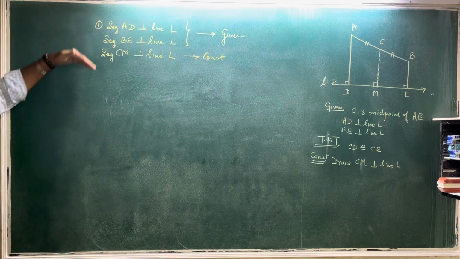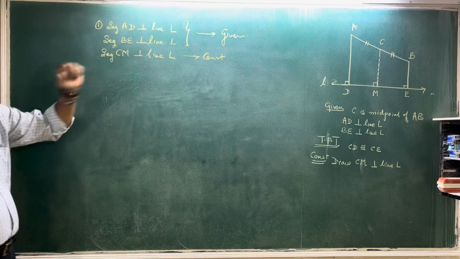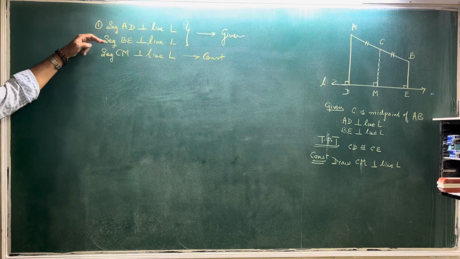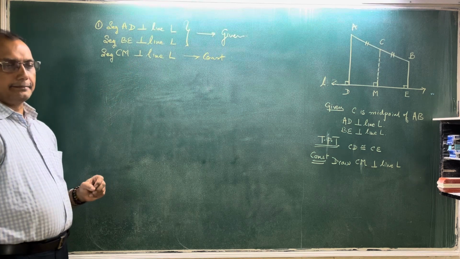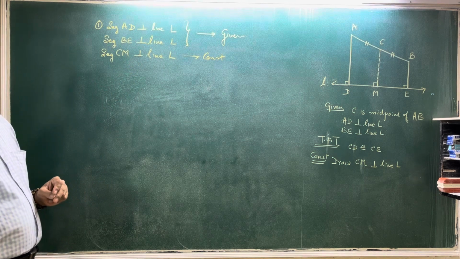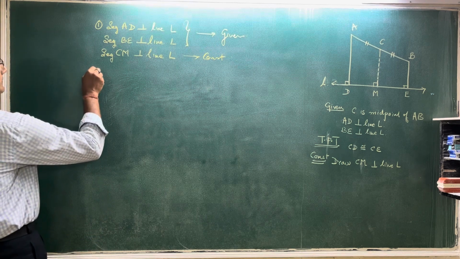Now just watch. There are three perpendiculars to the same line L. Can you remember the corollary? Perpendiculars to the same line are parallel to each other. So what should I get?